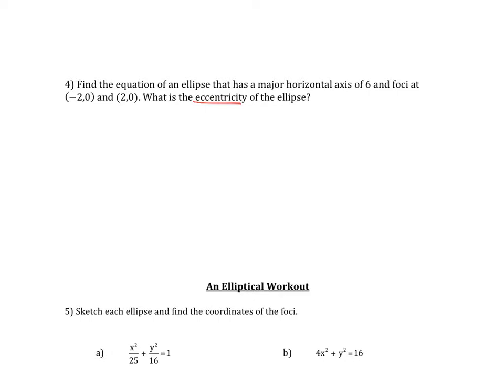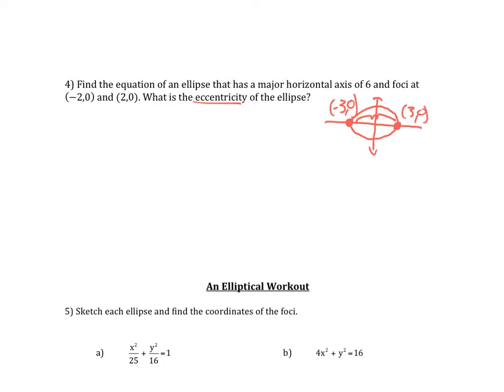All right, so if the major horizontal axis has a length of 6, if it's a horizontal ellipse, and the major axis is 6, I know that they're split down the middle by the center, so those points must be 3, 0, and negative 3, 0.